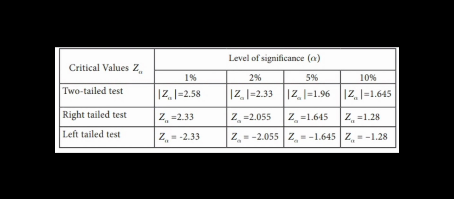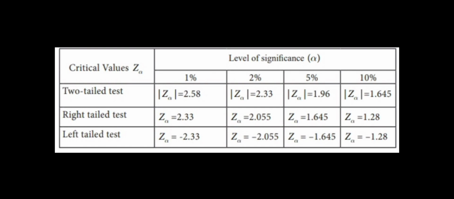We are dealing with a two-tailed test, and we are given in the question that we should test for a 95% confidence interval. But on this table, we don't have 95%. We only have 1%, 2%, 5%, and 10%.